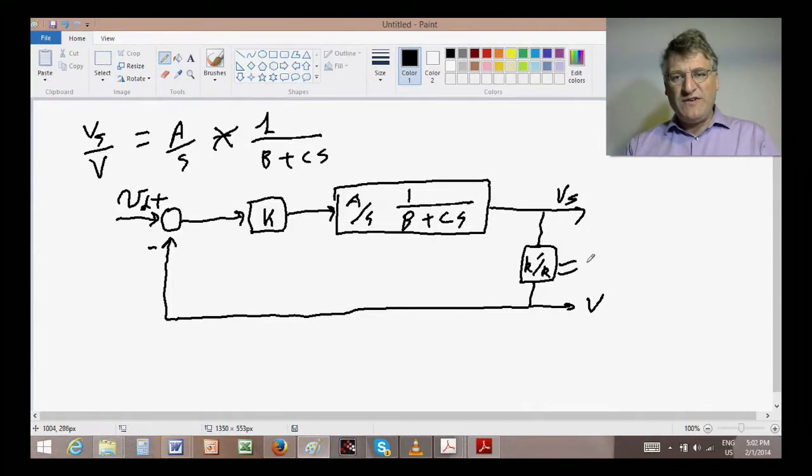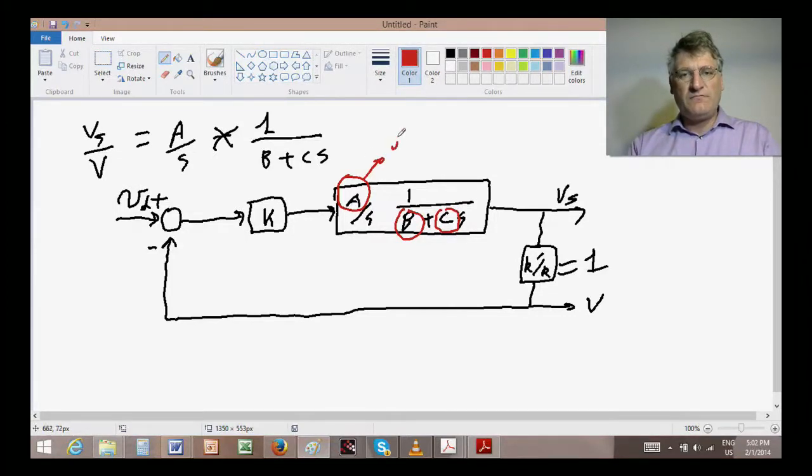I will assume for simplicity that this is equal to 1, that A, B, and C are also equal to 1.